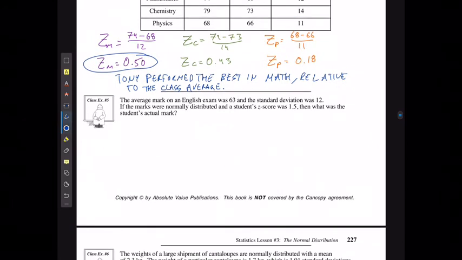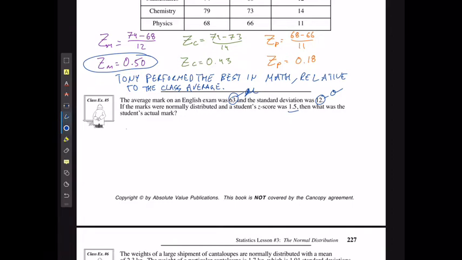For example 5, the average mark on an English exam was 63. There's my mu. And the standard deviation was 12. There's my sigma. If the marks were normally distributed and a student's z-score was 1.5, what was the student's actual mark? This is just rearranging our formula.